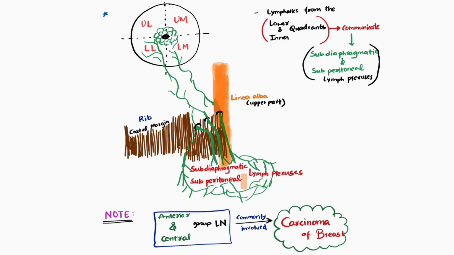You can see from the subareolar lymph plexus of Sappey and the lower quadrants, lower lateral and lower medial, the lymphatics pierce the upper part of the linea alba, and reach the subdiaphragmatic or subperitoneal lymph plexus. Nothing but they communicate from breast to the subdiaphragmatic and subperitoneal lymph plexus. The communication you can see. So from this communication only the spread of the tumor cells, metastasis, is going to happen.